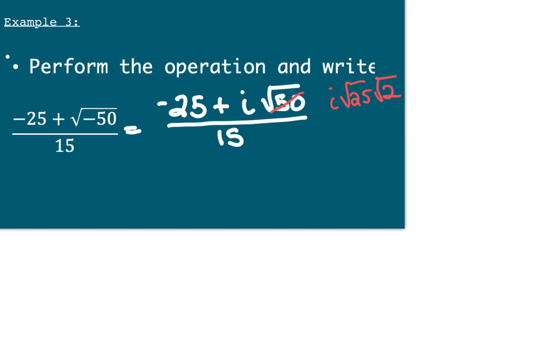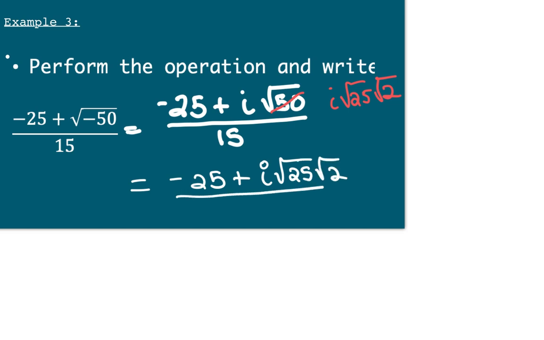So let's rewrite that now. So this is going to be -25 plus i times the square root of 25 times the square root of 2 over 15. So if I simplify that square root of 25 right here, that actually becomes 5i.